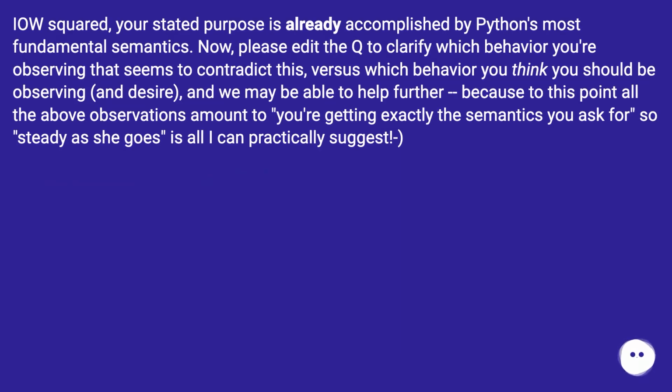In other words, your stated purpose is already accomplished by Python's most fundamental semantics. Now, please edit the question to clarify which behavior you're observing that seems to contradict this, versus which behavior you think you should be observing and desire, and we may be able to help further, because to this point all the above observations amount to you getting exactly the semantics you asked for, so steady as she goes is all I can practically suggest.